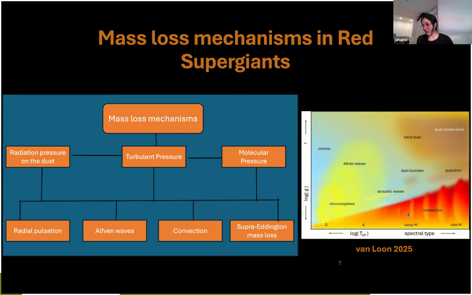I'm also very thankful to Van Loon for sharing with me this beautiful plot, which shows how different mechanisms work at what distance from the star, how it depends on the effective temperature and also the spectral type. So based on the spectral type, which mechanism is more dominant than the other. This is a very nice visual representation of all the mechanisms.